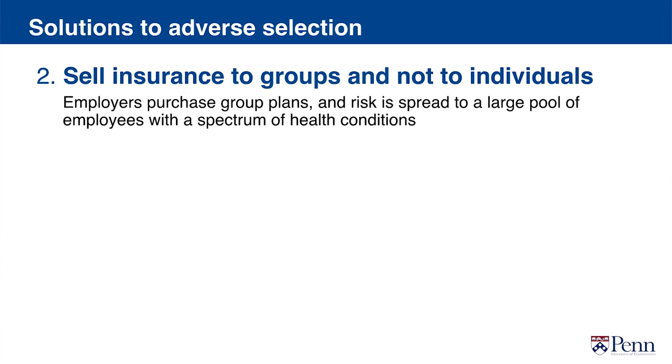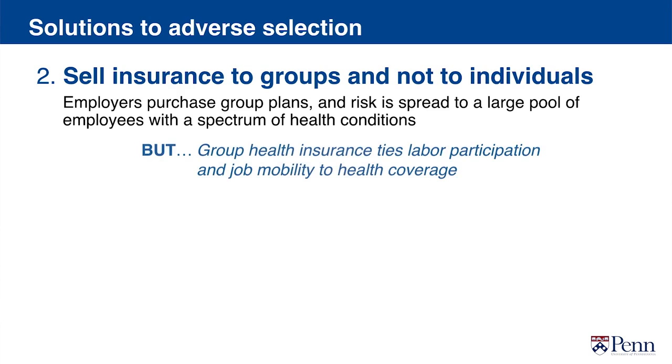Since properly spreading risks requires such a spectrum of health conditions, the insurer has little to worry about adverse selection. But group health insurance does create problems, as it ties labor participation and job mobility to higher coverage.